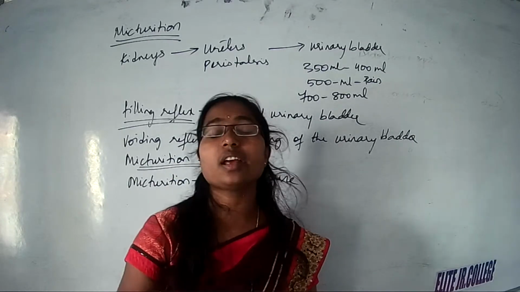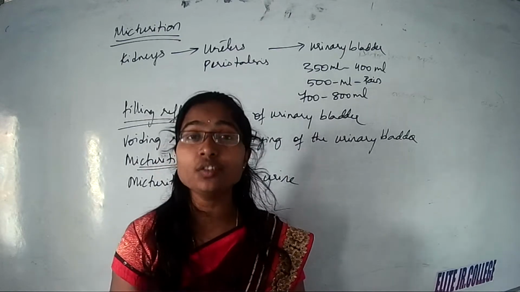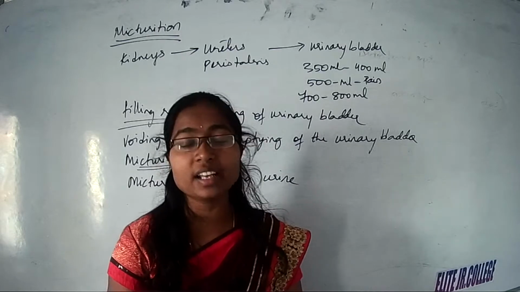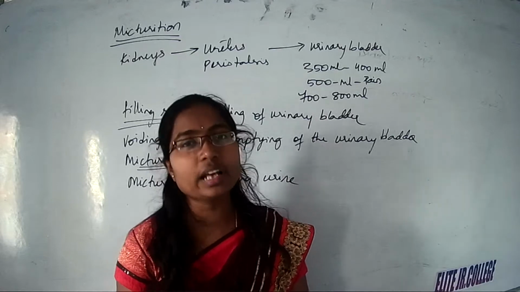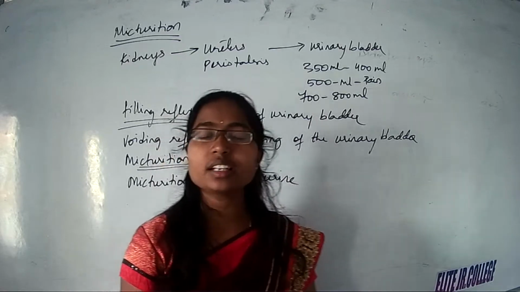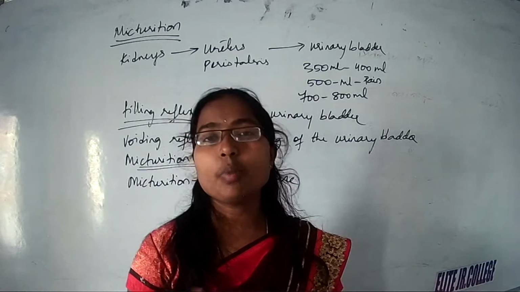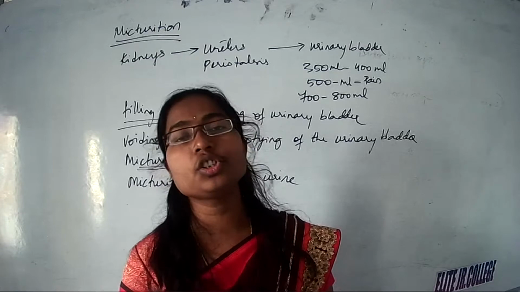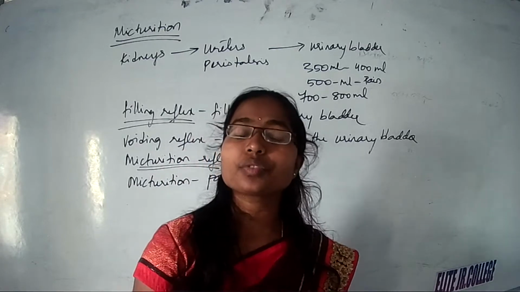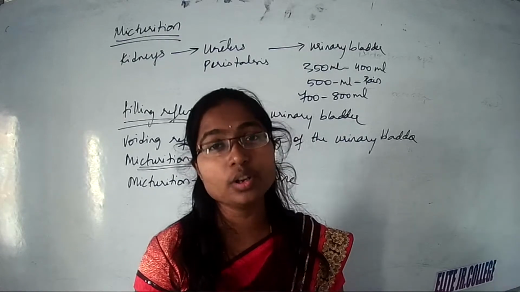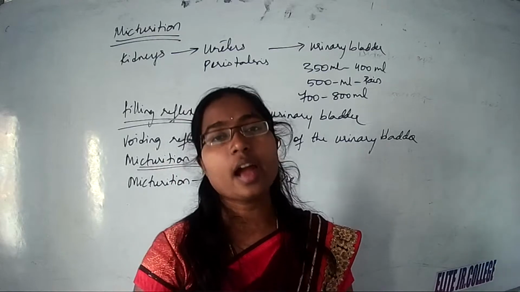In turn, the central nervous system is going to give motor signals to the urinary bladder, and the motor signals received by the urinary bladder are going to cause contractions of the urinary bladder, because of which the urine is going to be pushed out of the excretory system through the urethra. Passing out of the urine is a voluntary action.